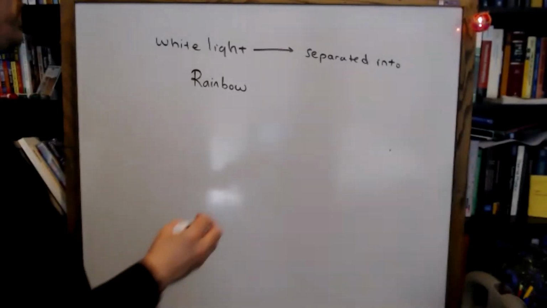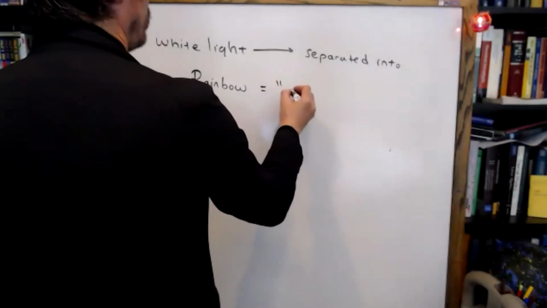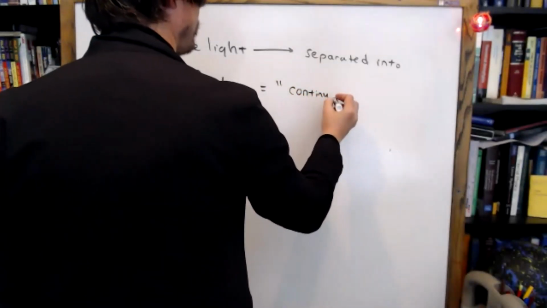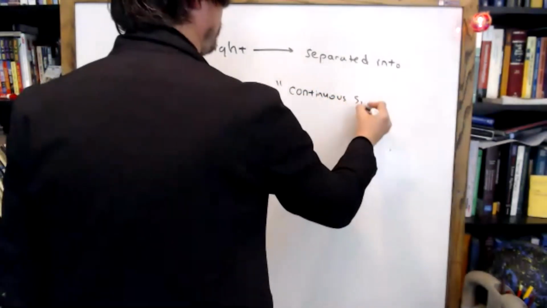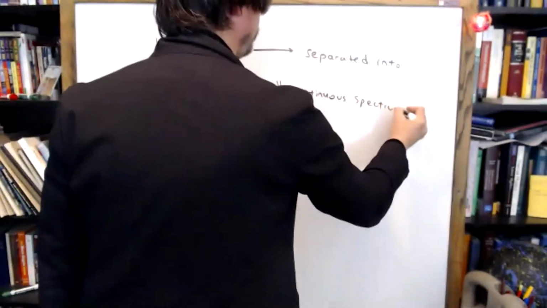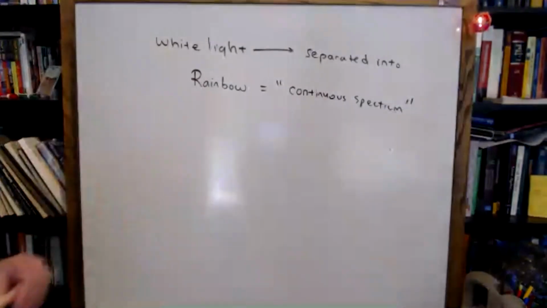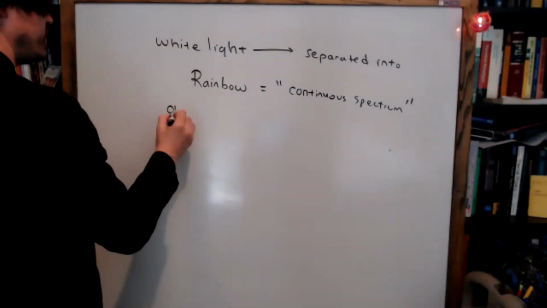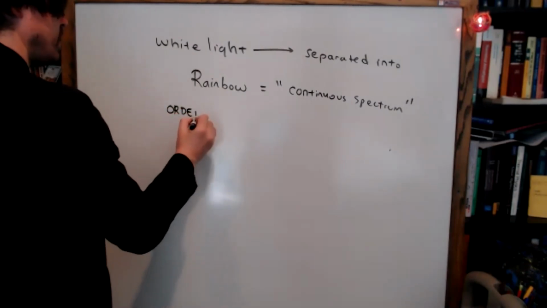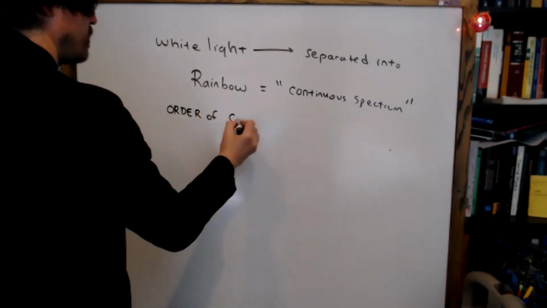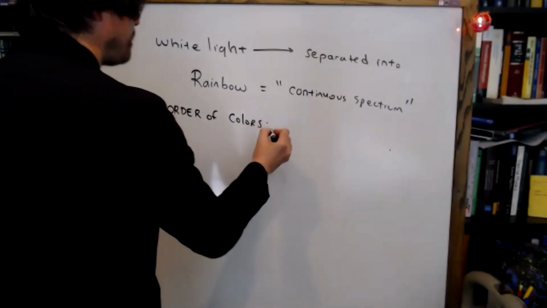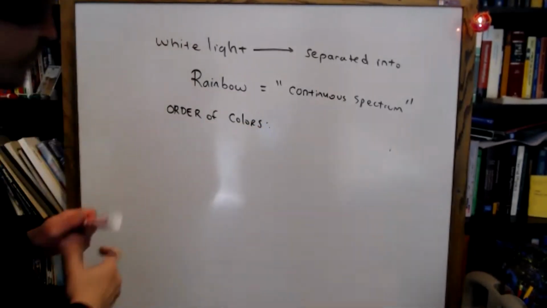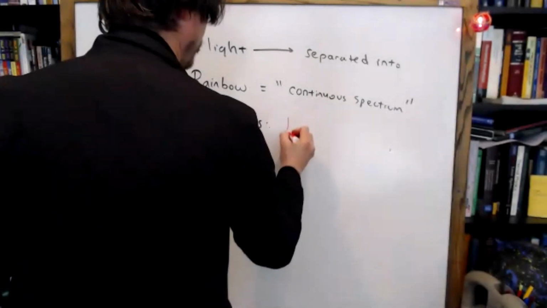And a rainbow is another word for what's called in astronomy the continuous spectrum. The order of the colors is always the same, and there's two directions. Sometimes people use the acronym for the order of the colors, ROYGBIV.